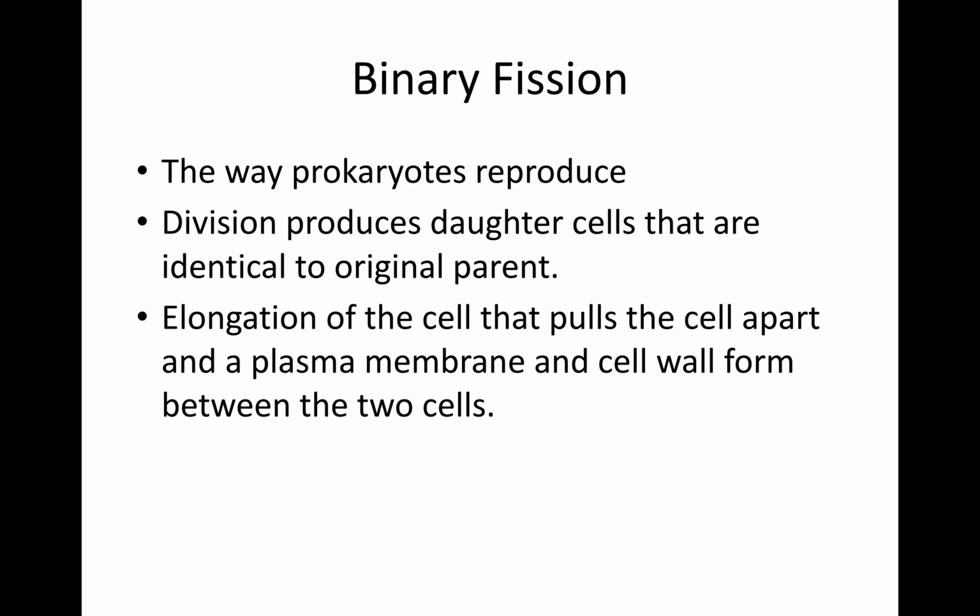Division produces daughter cells that are identical to their original parent. Elongation of the cell pulls the cell apart. It just stretches out, and then a plasma membrane and cell wall form between the two cells. That's all that happens. Super simple. Bi means two, right? So you're pulling it apart into two cells.